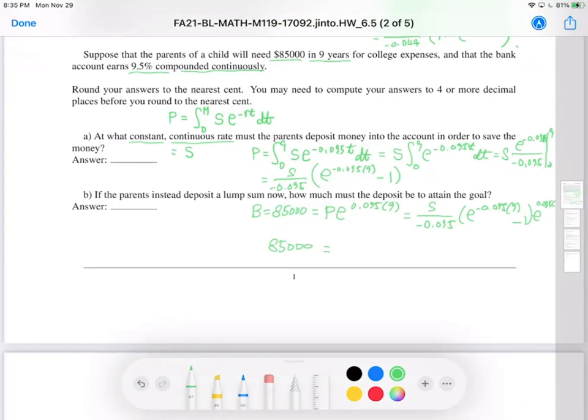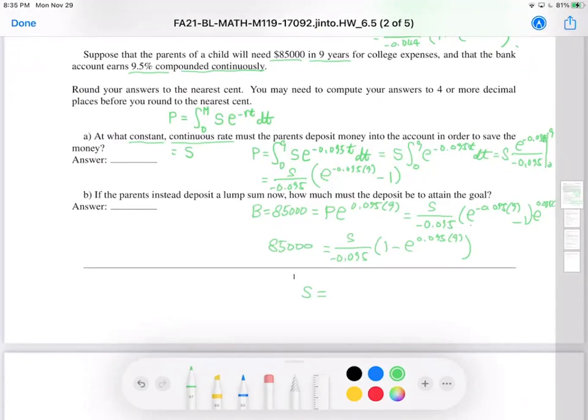Okay, so this is equal to S over minus 0.095 times, let's expand this out, 1 minus e to the 0.095 times 9. Okay.